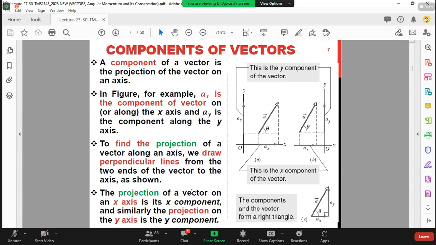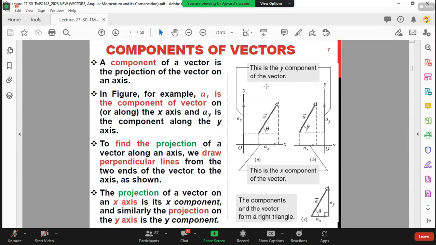So the projection of the vector on a projector, you have seen the projector, right? You're projecting the vector, but your image would be your components.